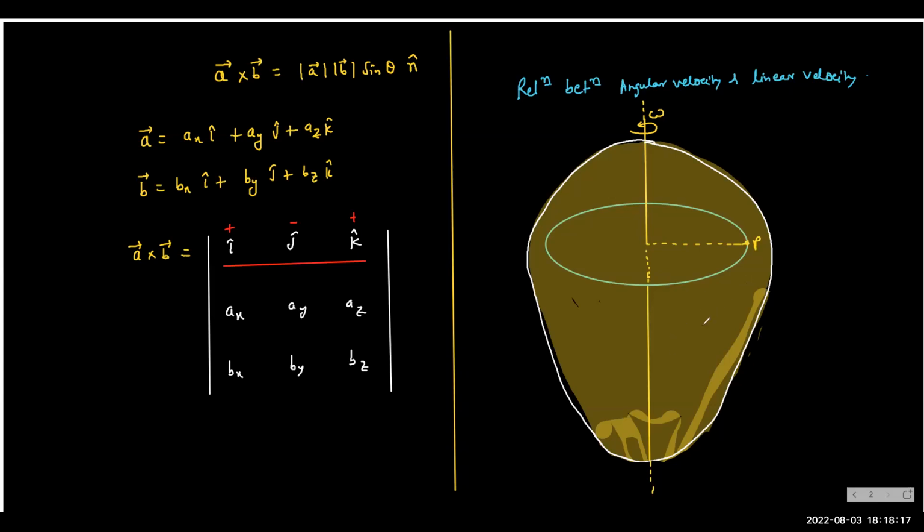To find the velocity, you can choose any random point on the axis, and then join that point to the point P. So you just join it, and then you can call this vector the R vector.